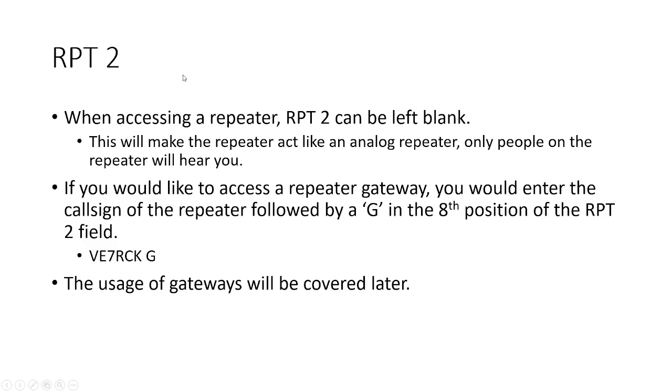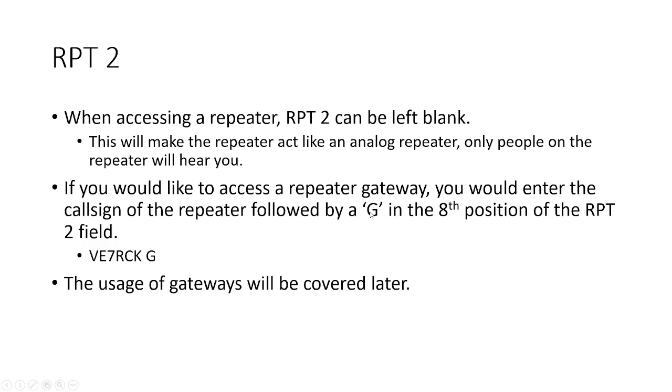When accessing a repeater, RPT2 can technically be left blank. This will make the repeater act as though it's an analog repeater, meaning only the people on the repeater will hear you. So as long as RPT1 is set, RPT2 can be left blank. The only time you need RPT2 is to be accessing a gateway.